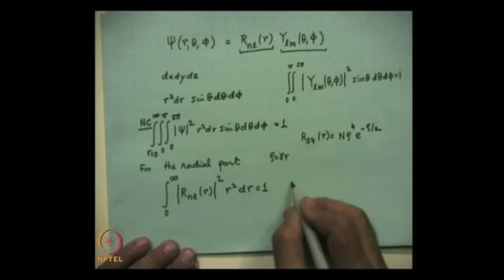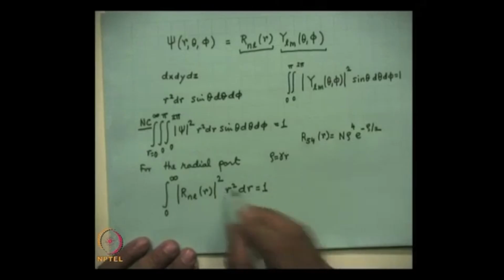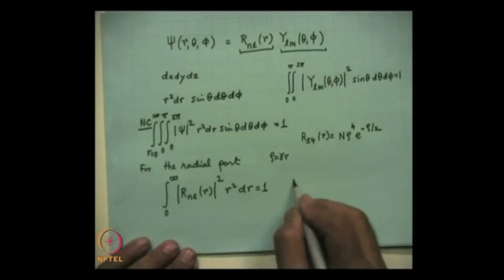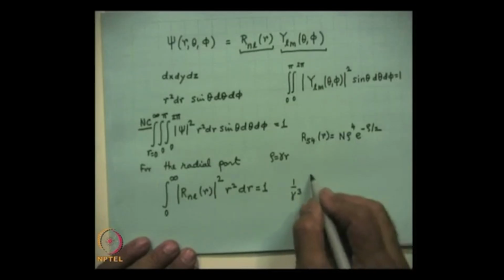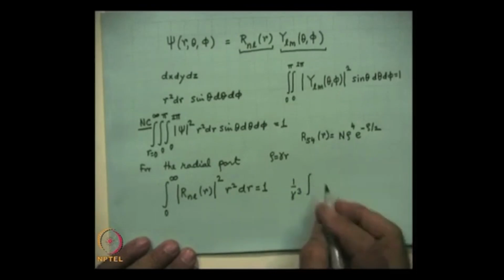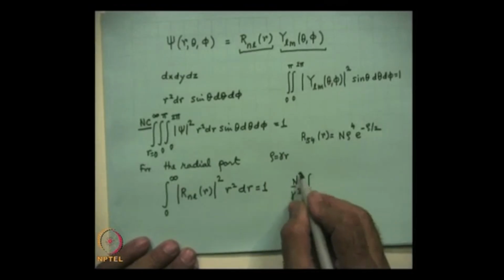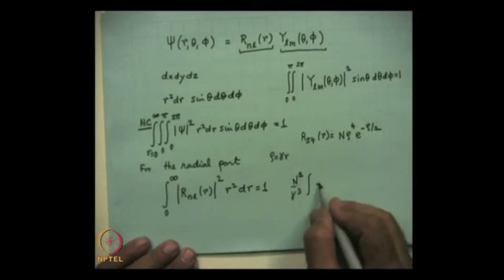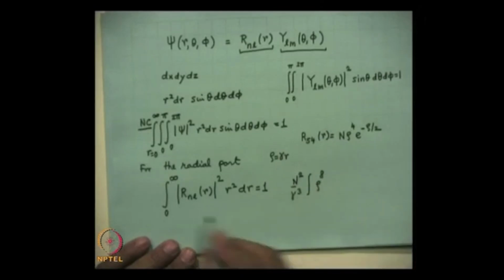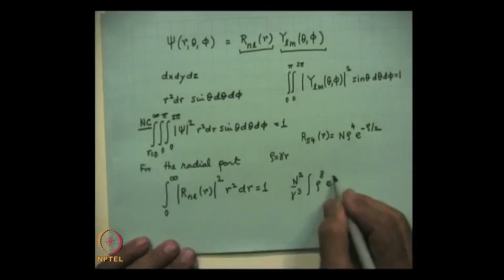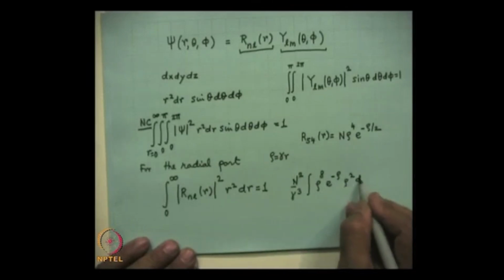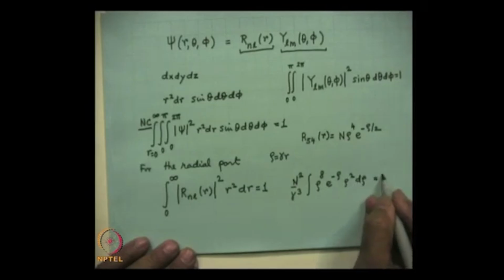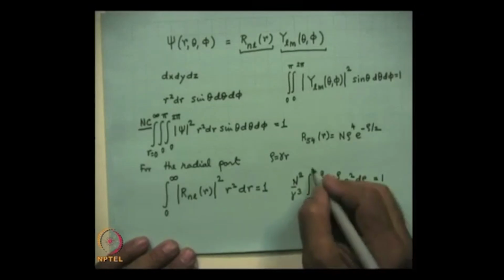So, you can see if I multiply by gamma cubed, then you have 1 over gamma cubed, n squared, rho to the power of 8, this is R n L squared, e to the power of minus rho, and then rho squared d rho, from 0 to infinity.